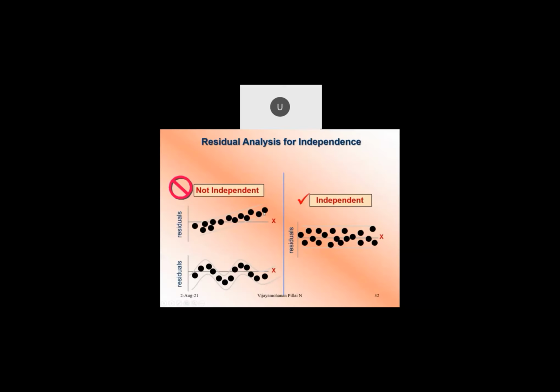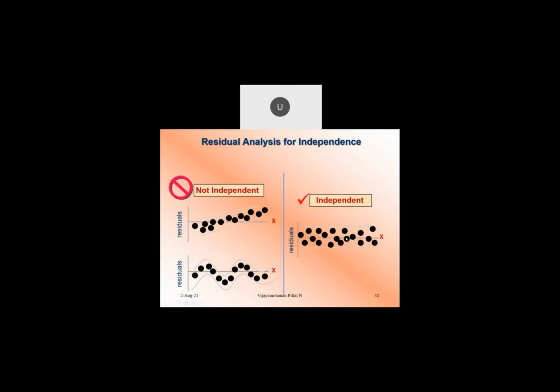That means there is some autocorrelation in the residuals, so that the no autocorrelation assumption of the error term is violated. Now, in this particular case, we don't find any autocorrelation. There is no pattern. Therefore, here the residuals are independent of each other. There is no autocorrelation. Our assumption is satisfied.